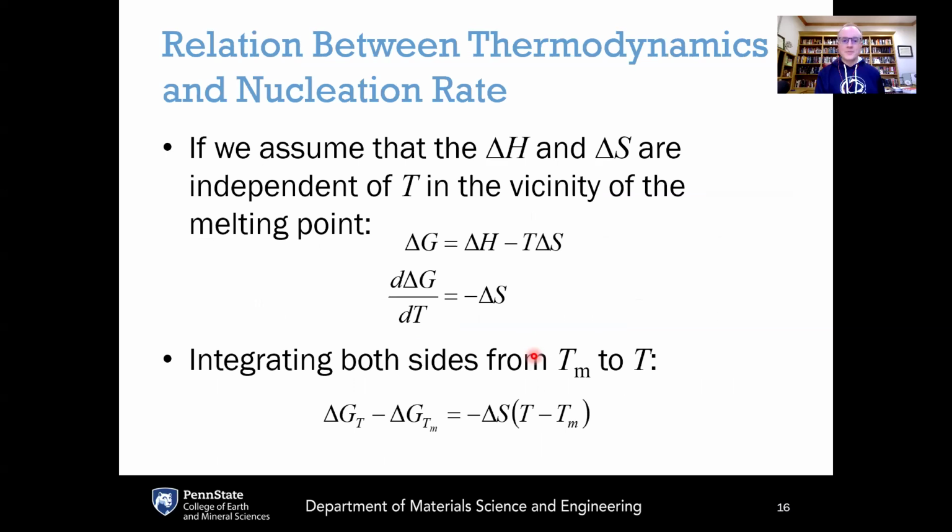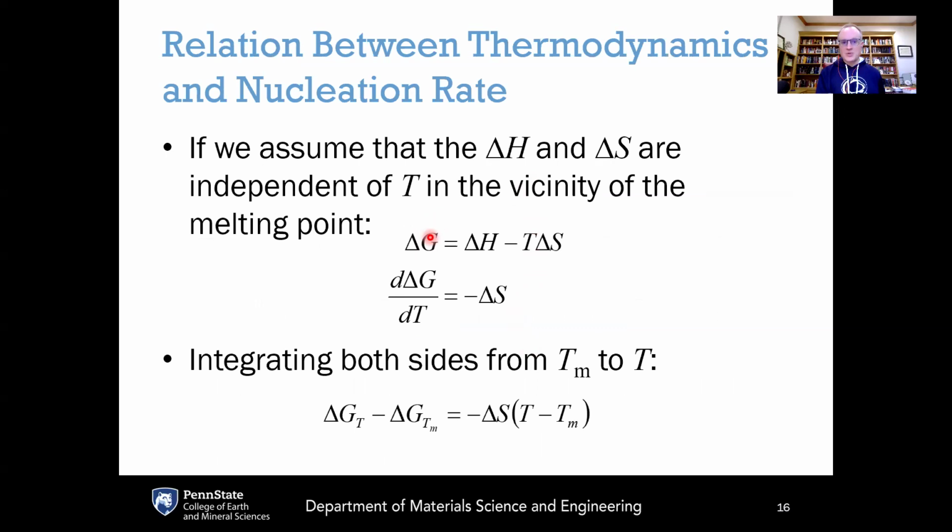trying to grow. Now, one of the ways that we can develop some of the kinetics of the crystal growth process is by making some simplifying assumptions with how the Gibbs free energy of crystallization is evolving as a function of temperature.